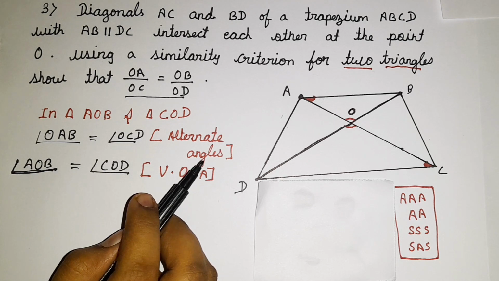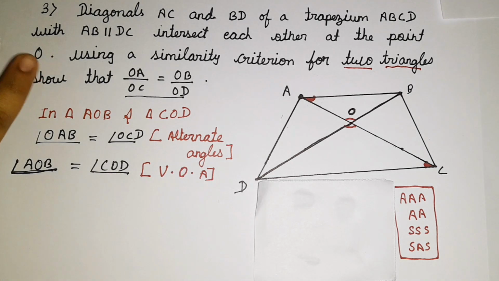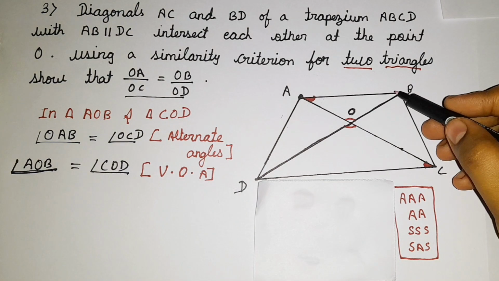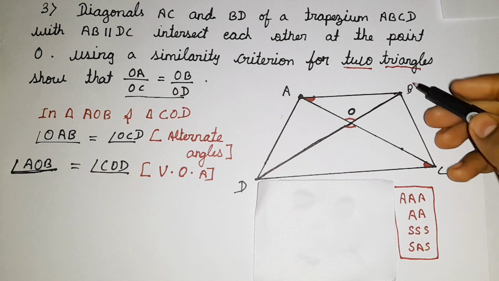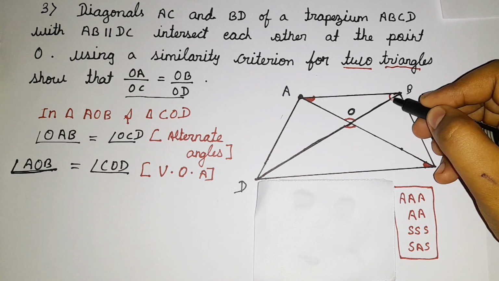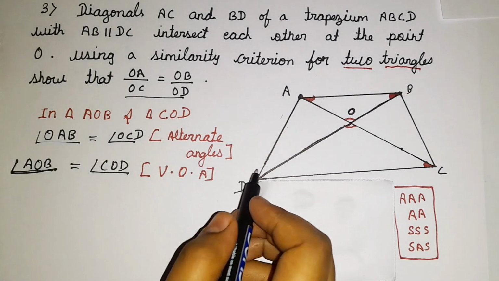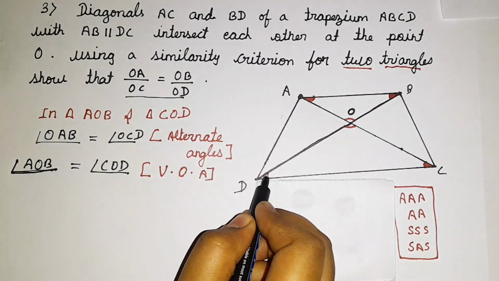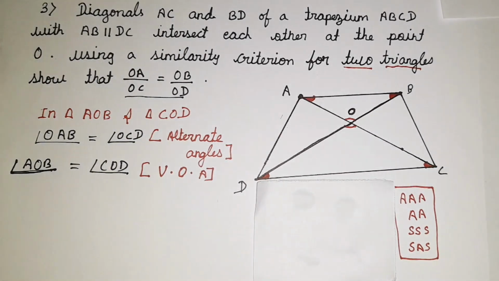Okay guys, let us find that. I can say angle B. Here this angle B is there, right? So this angle B is equal to, I'll shade it, angle D. Why? Because they are alternate angles.